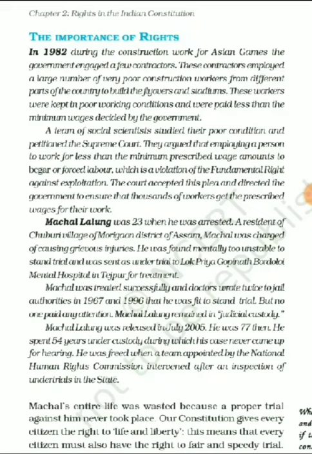So when he was arrested, he was 23 years of age, and when he was released, he was 77 years of age. Can you make up the difference here? For 54 years, a man has spent in jail under custody, during which his case never came up for hearing, meaning he was never ever tried.